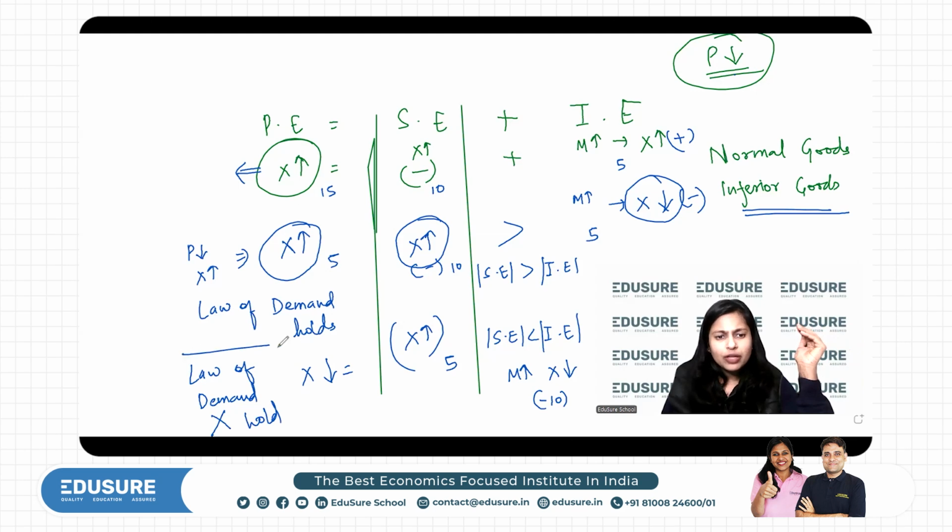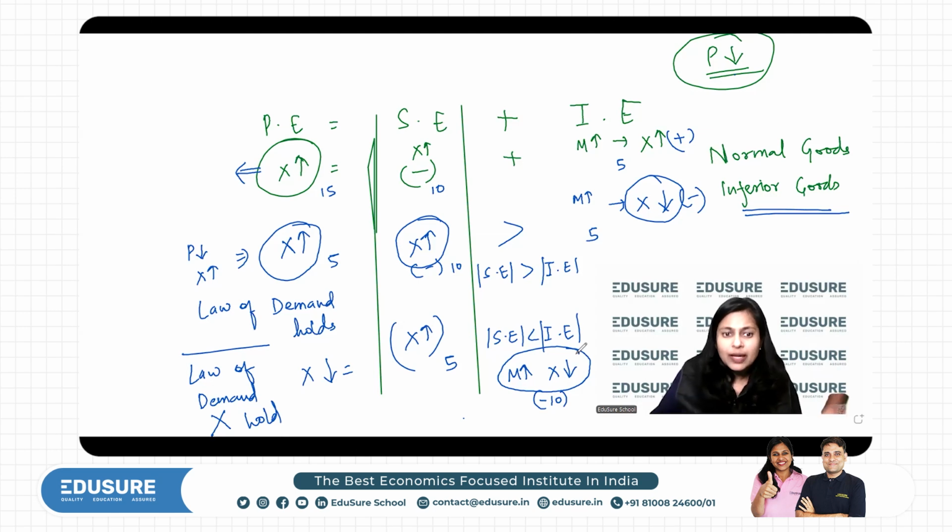Okay, so this category of goods is also an inferior good subcategory, because the definition of an inferior good, which is when income rises, X falls, still holds. So when income rises, X is falling. So it is an inferior good, but it is a special type of inferior good where the law of demand also does not hold. Such goods are called Giffen goods.